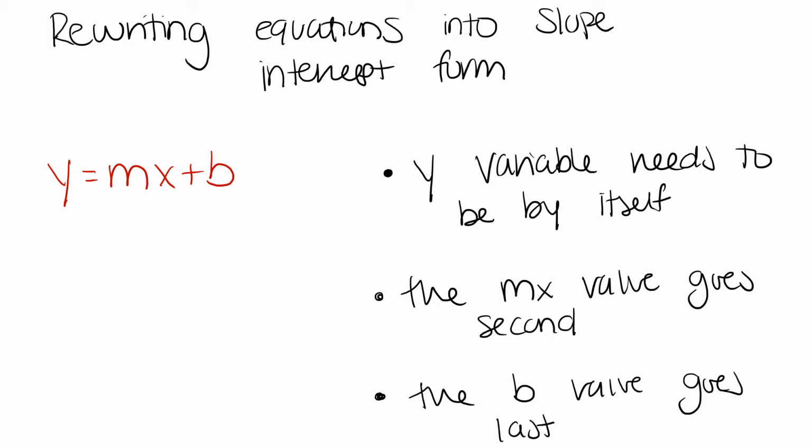Now, we're not solving any equations, we're simply taking the pieces and moving them around. So that way they can end up in the slope-intercept form equation, y equals mx plus b. For example number 1, we have the equation 3x plus y equals 2.